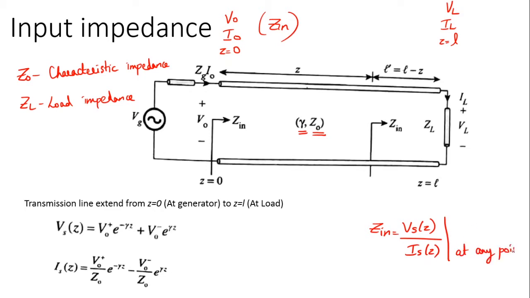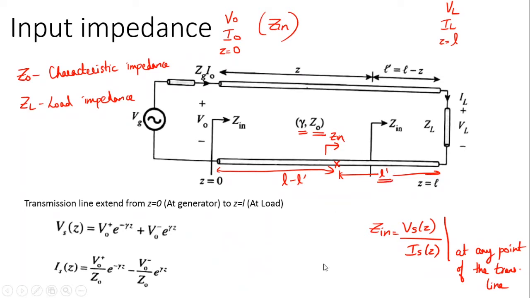If you are calculating at a point, say at a distance L dash, then the remaining length will be L minus L dash. So at any point you can calculate Zin by taking the voltage by current corresponding to that point, and you will get the input impedance at that point.